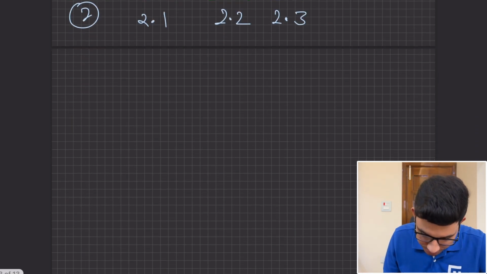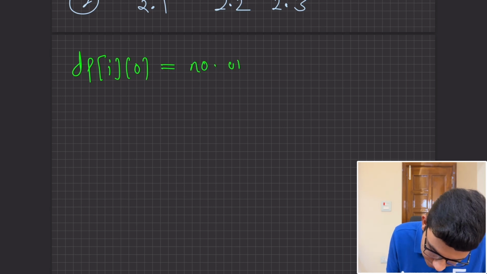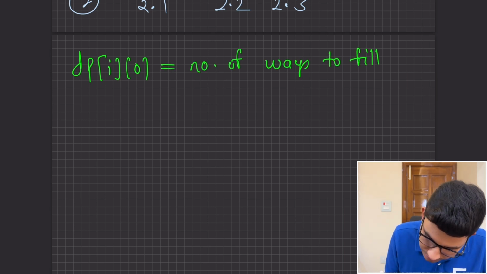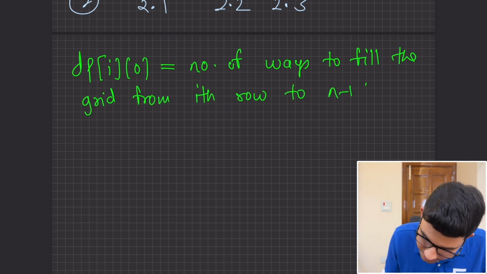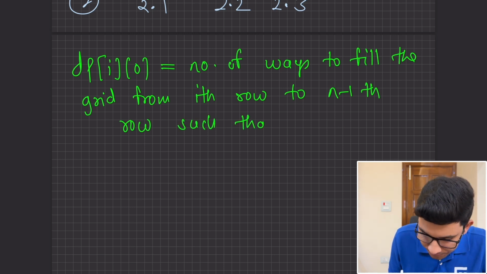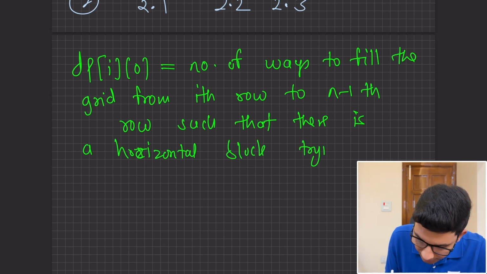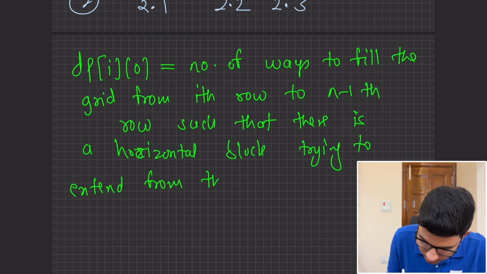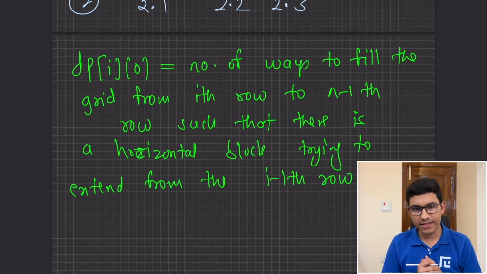So we could say that dp of I comma 0 is equal to the number of ways to fill the grid from the ith row to the n minus 1th row such that there is a horizontal block trying to extend from the I minus 1th row. Correct? This is what you could say.